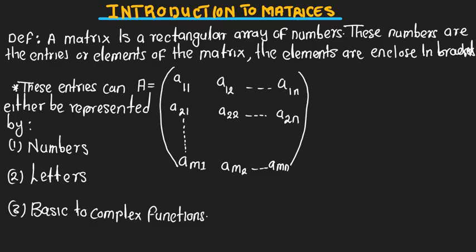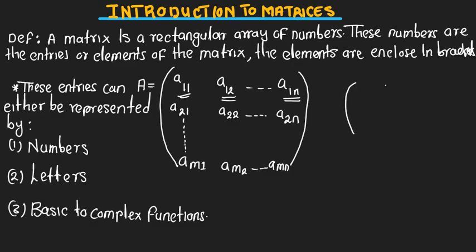The elements are actually enclosed within the brackets. And I'm sure you are able to see these elements inside. There's another element here. There's another one here. These elements are aligned in stations, in two stations actually.